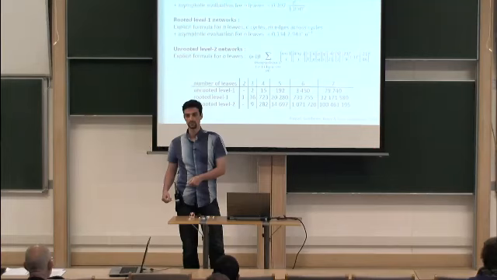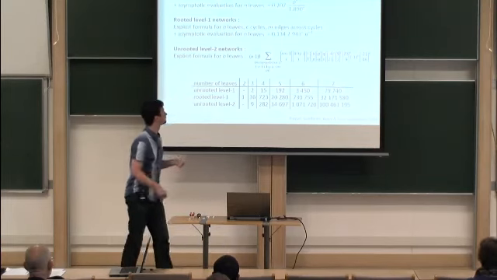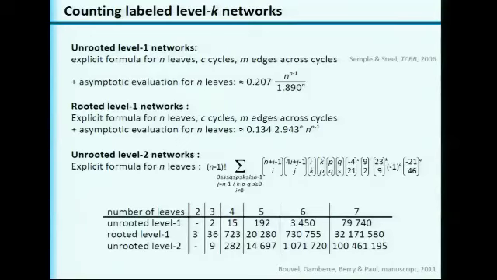And then we counted the number of rooted level 1 networks, also with an explicit formula. And then we generalized this enumeration framework to get the number of unrooted level 2 networks. And as well, an explicit formula, but quite complicated, with the 6 sums here.